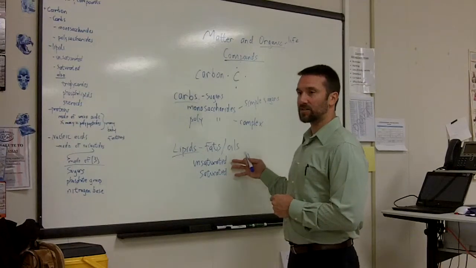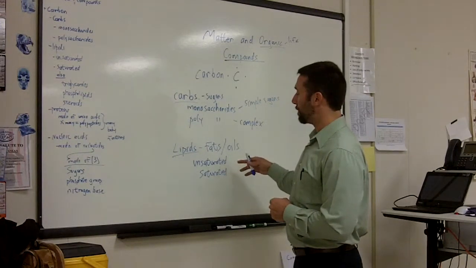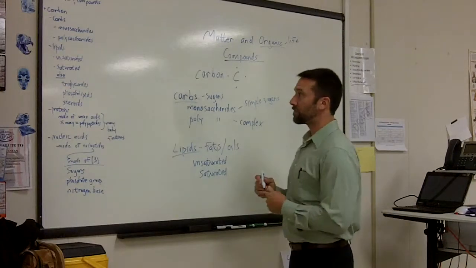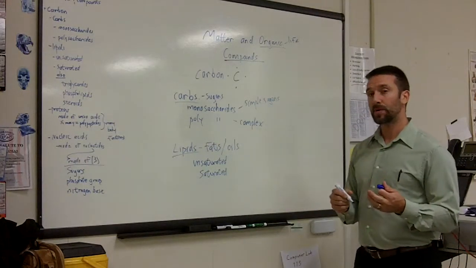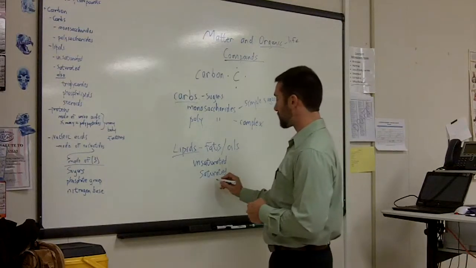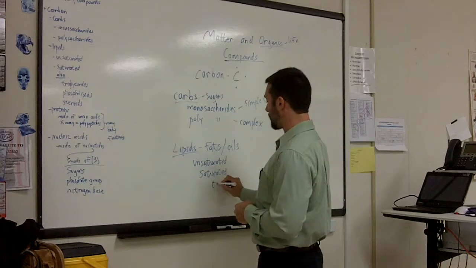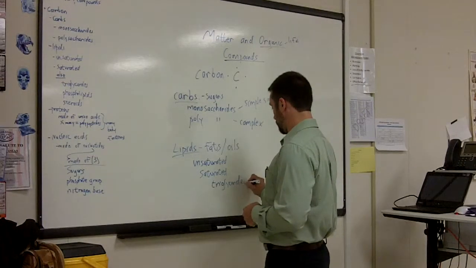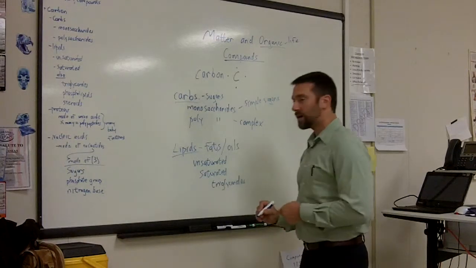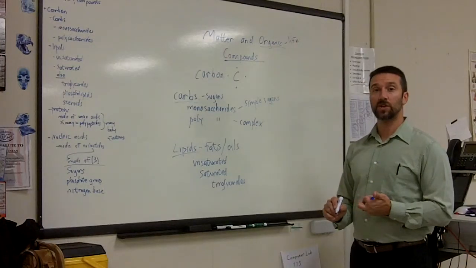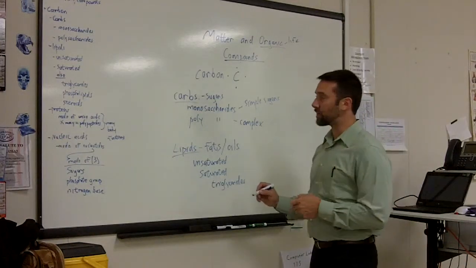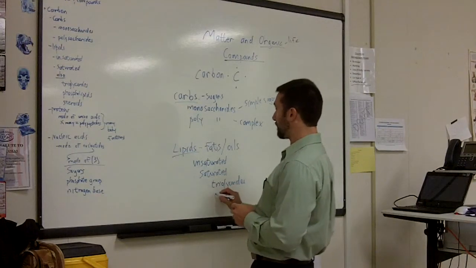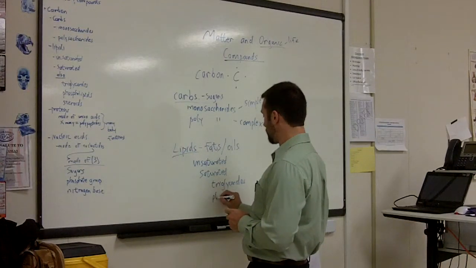These are important things in moderation, of course, but there are types of lipids that fall into these categories that actually help very much with the structure of our cells. We have things called triglycerides. Triglycerides are basically storage of fat, and it's great for energy, not great if you have high triglyceride levels. There are also things called phospholipids.